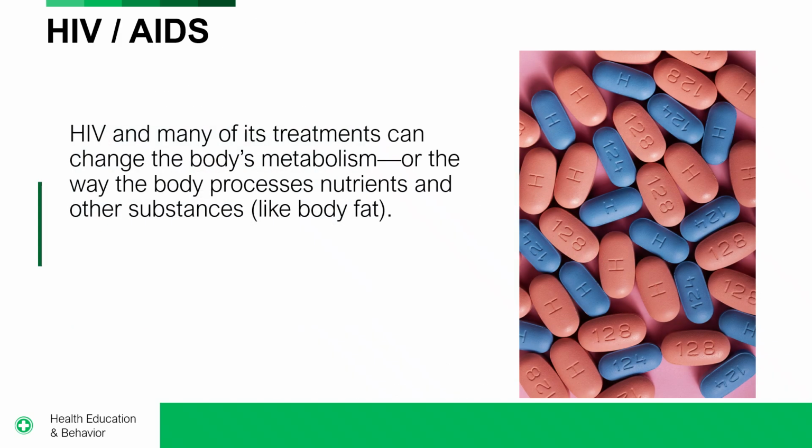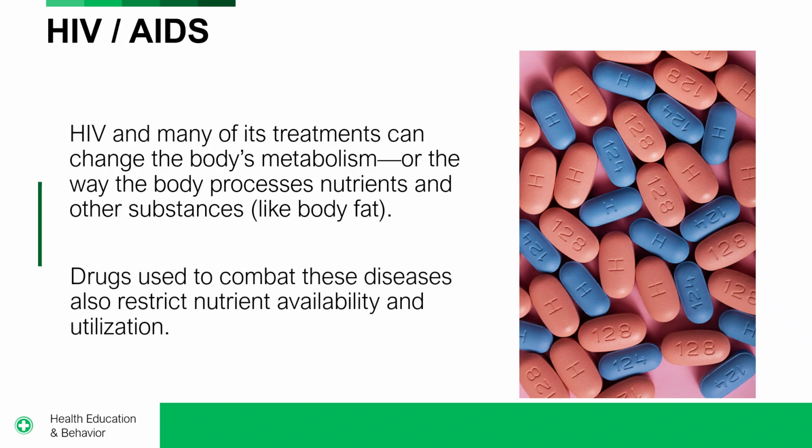HIV and many of its treatments can change the body's metabolism or the way the body processes nutrients and other substances like body fat. And the drugs used to combat these diseases also restrict nutrient availability and utilization.